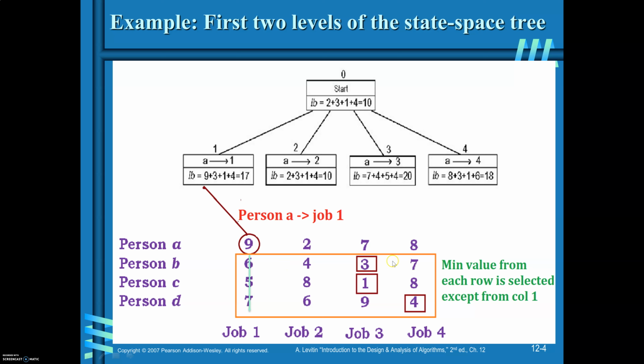From this, from each row, you have to choose the minimum value: for person B some minimum value, for person C a minimum value, and for person D a minimum value, except job 1. You can choose any of the remaining 3 jobs for the remaining 3 persons, and when choosing, you choose the minimum value. So this is the lower bound we have calculated.